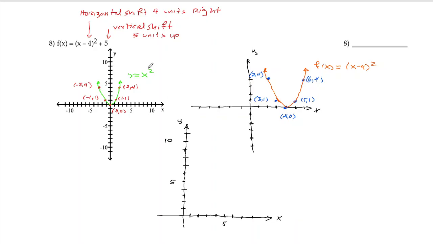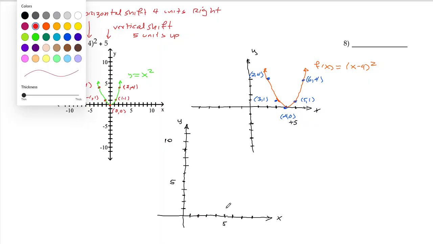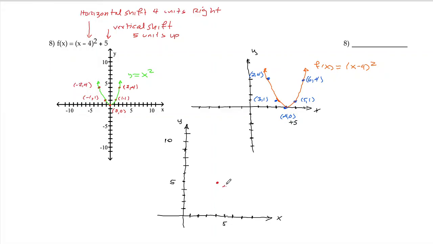So what are we doing? Now we're moving this point 5 units up. So the point that was in 4, 0 when we add 5 to the y coordinate goes to 4, 5. So the vertex is now in 4, 5.